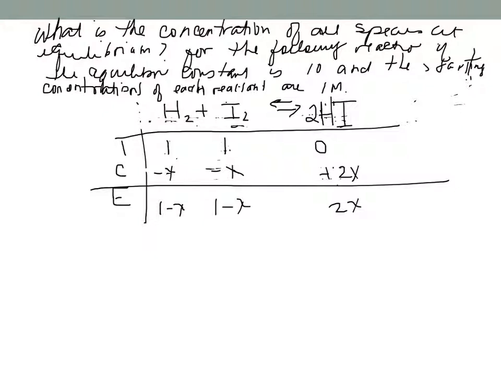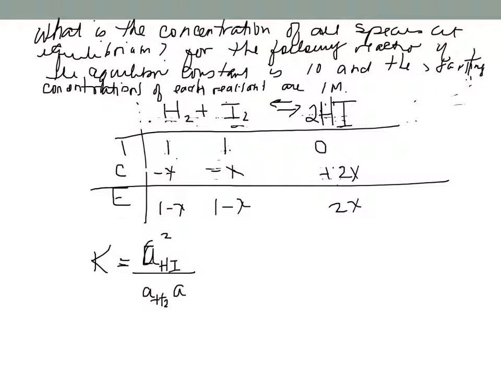Now we need to write our expression for the equilibrium constant, K. The equilibrium constant, K, for this particular reaction would be the activity of HI raised to the power of 2 over the activity of H2, which has no stoichiometric coefficient, so raised to the power of 1.